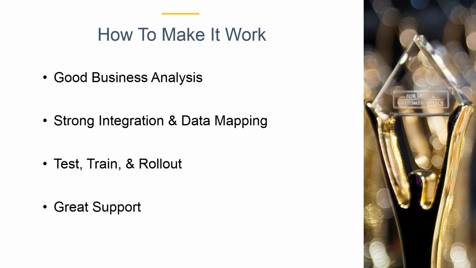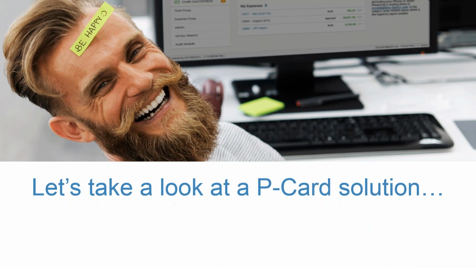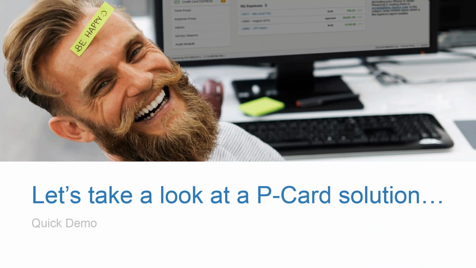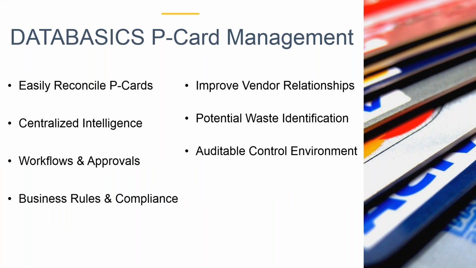So what we're going to do now is take a look at the Data Basics solution for a P-card process. I will take you through what we're typically looking to tackle when we walk into an organization who is looking for an alternative. We'll cover everything from the ability for the user to quickly and easily get information into the solution, to enter the appropriate data, make sure policies are enforced, and then push that off into the approval process.